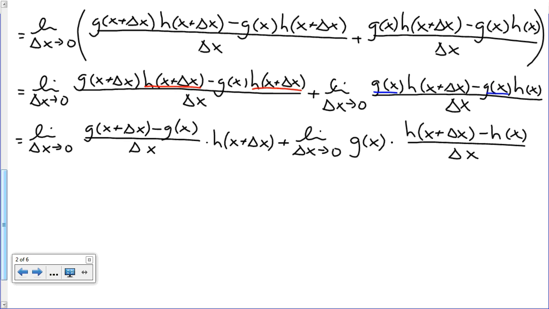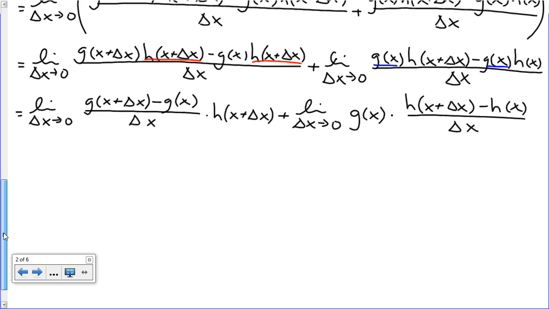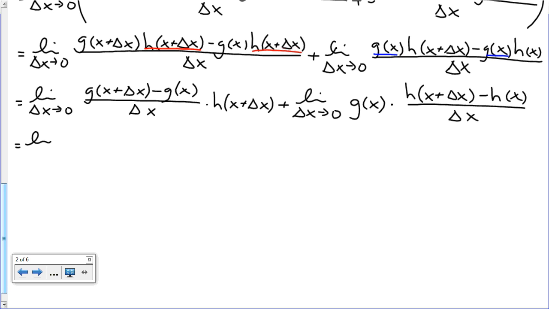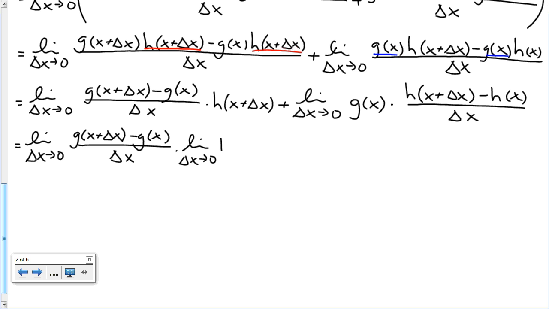And now what I have here is the limit of a product plus another limit of a product. So I can actually use my product properties here. If I have a limit of a product, that's the same as the product of the limits. So we're going to break this up one more time here, and I'll have the limit as delta x goes to 0 of g of x plus delta x minus g of x all over delta x times the limit as delta x goes to 0 of h of x plus delta x.